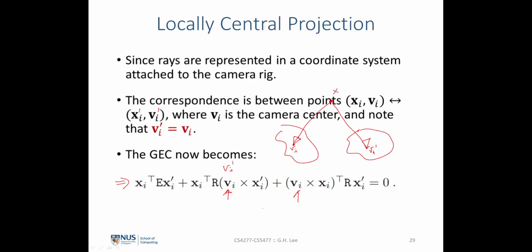So now we will have vi, which is coherent since they are the same camera center with respect to the same reference frame.